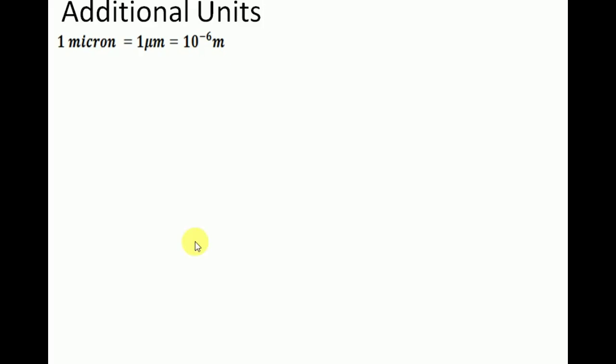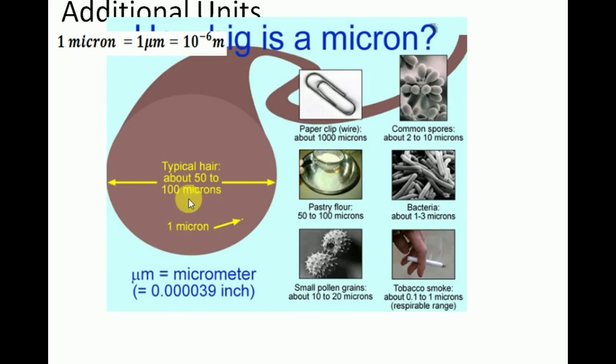Let me give you real life examples. Diameter of our hair is 50 to 100 micron, and this is 1 micron as compared to 100 micron. Diameter of a paper clip is about 1000 micron, bacteria is 1 to 3 micron, and pollen grains, which are very small, also have a length of 10 to 20 microns, and smoke particles have a size of 0.1 to 1 micron.